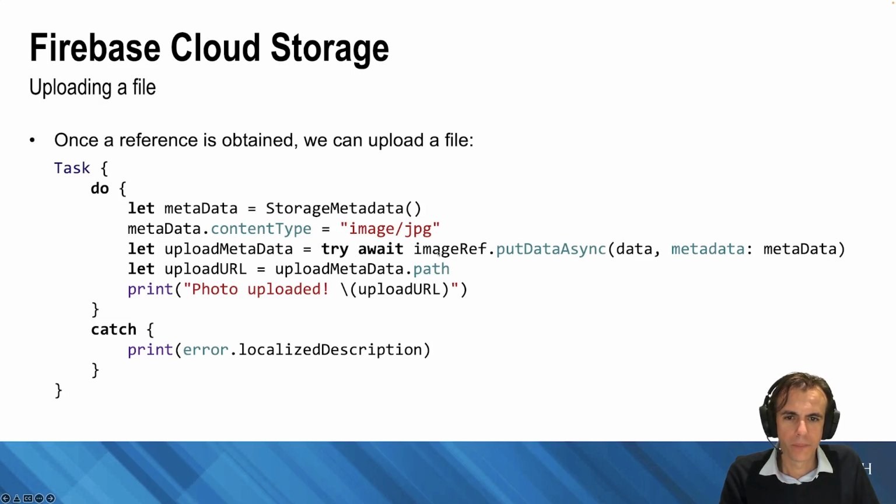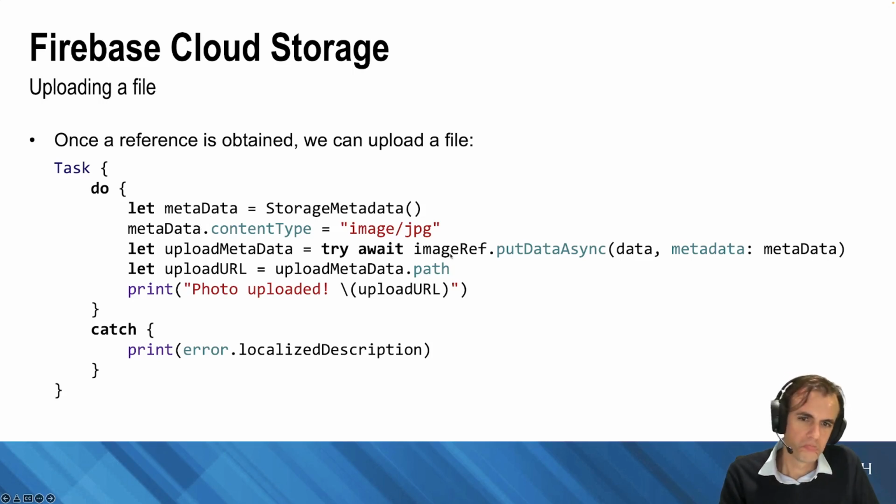So the image ref is telling it where to put it in the server's storage. Data is the file we're actually uploading as just a data object, like we've been working with in our web services week last week. And metadata is obviously this object we just specified here.